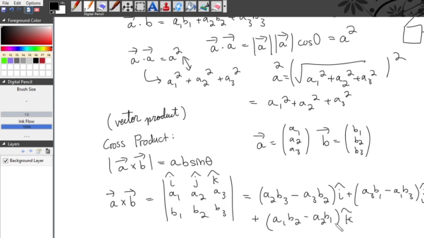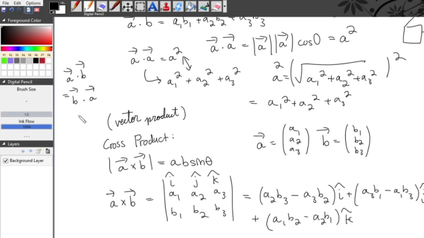Oh yeah, I almost forgot to mention. For dot products, it doesn't matter the order you multiply them in. You can prove it by multiplying them out, because a dot b is b dot a.